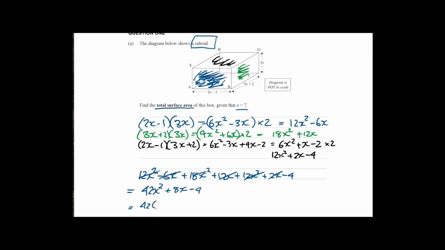Okay, and now we're going to put in 7. So 42 times 7 squared plus 8 times 7 minus 4.